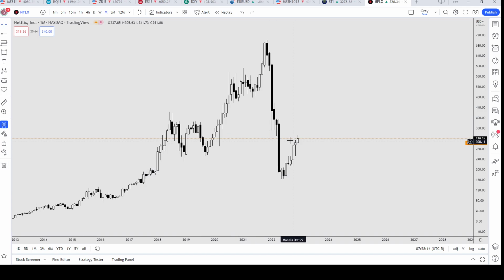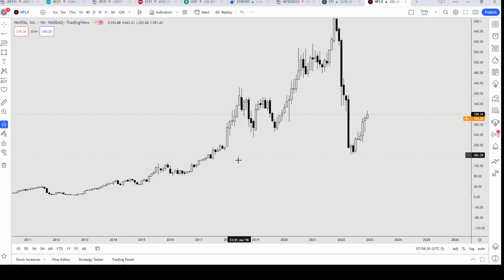Okay, Netflix, we have a breaker here. These 3 down candles are the breakers, and the thing is that I found it.